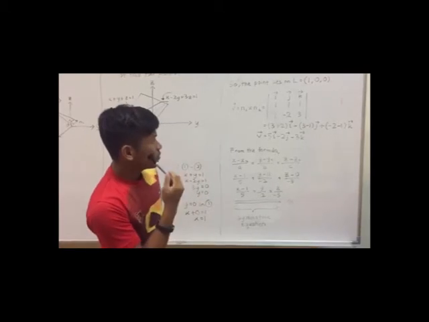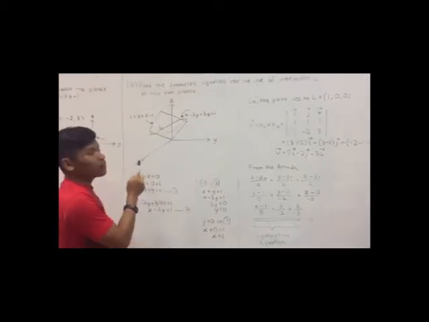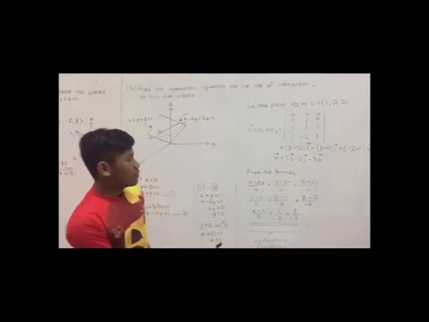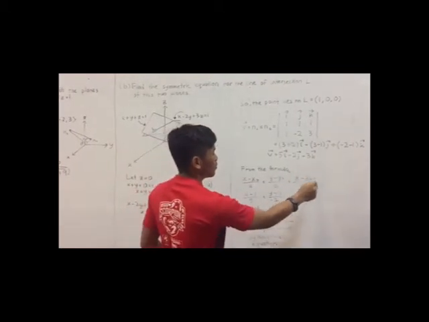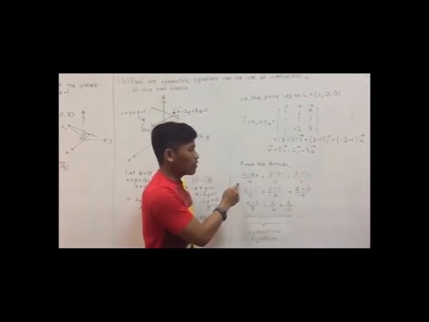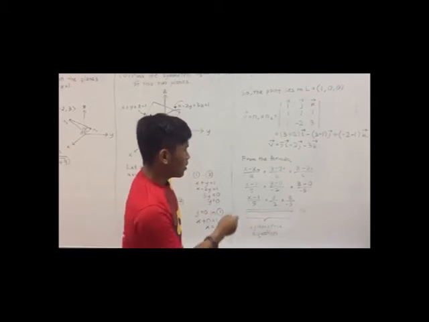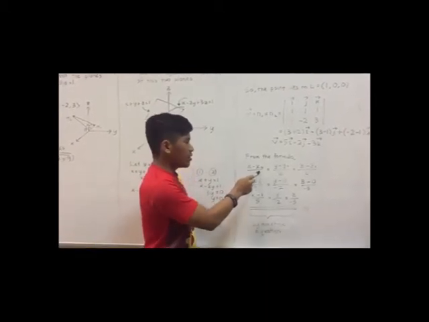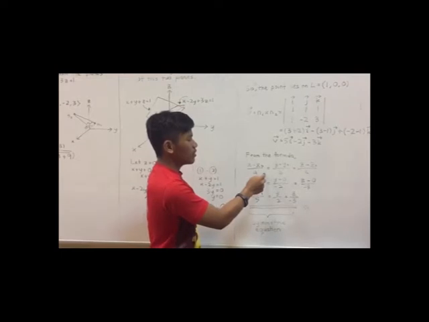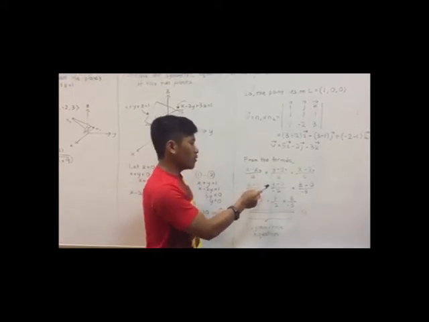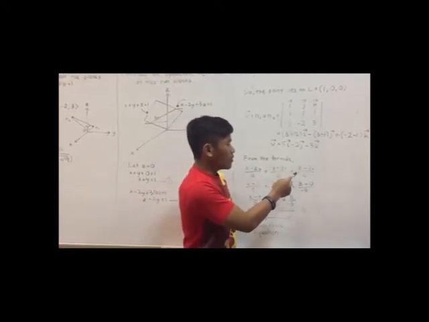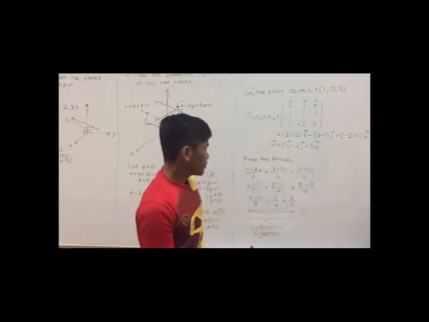In this question we need to find the symmetric equation, so we use this formula: x minus x naught over a equals y minus y naught over b equals z minus z naught over c.